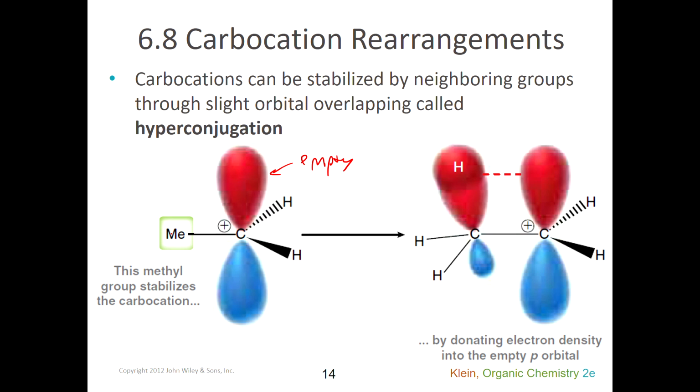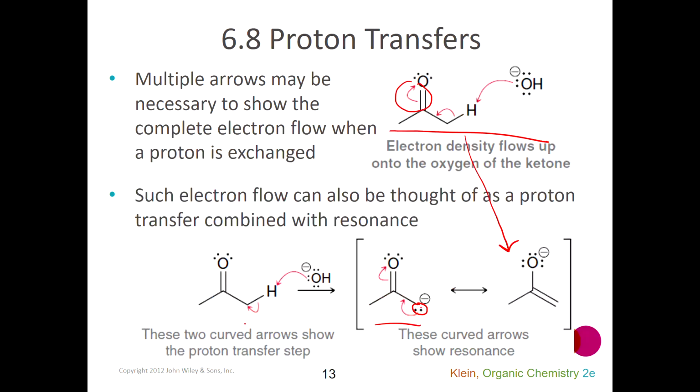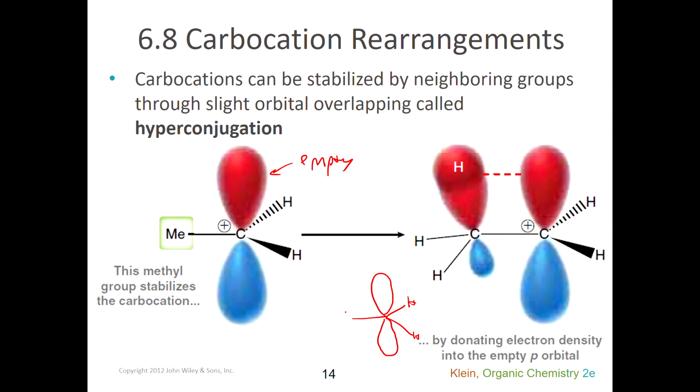So this is just a methyl group, so it doesn't have a p orbital. But if my carbocation had an empty p orbital and it were adjacent to, say, a double bond, where those carbons had p orbitals, if this is a pi bond, then the orbital overlap would allow that carbocation to be stabilized through resonance, right?